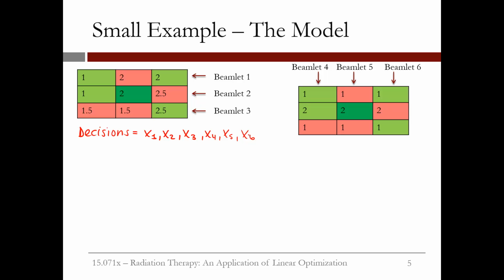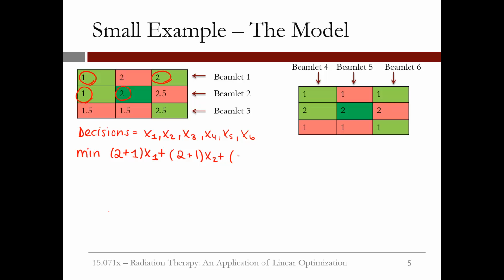As we mentioned before, our objective is to minimize the dose to healthy tissue. So we want to minimize the total dose beamlet 1 gives to healthy tissue, which would be 2 for this first voxel, plus 1 for this voxel, times the intensity of beamlet 1, plus 2 plus 1 times the intensity of beamlet 2 for the spinal cord and the other healthy tissue voxel.